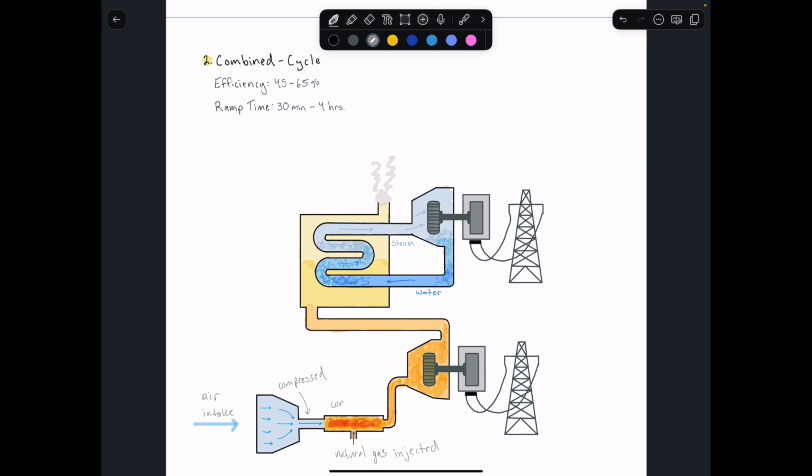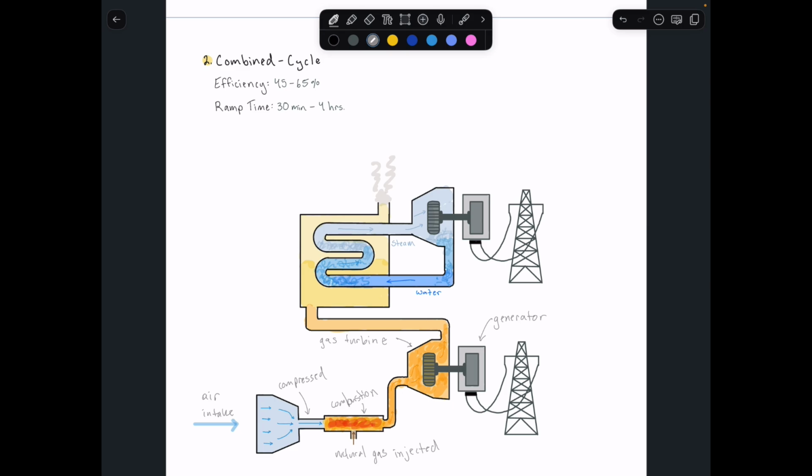There is the combustion reaction that happens here. The hot gases from the combustion reaction are directed towards a gas turbine here, which is connected to a generator, which converts that rotational kinetic energy into electrical energy.